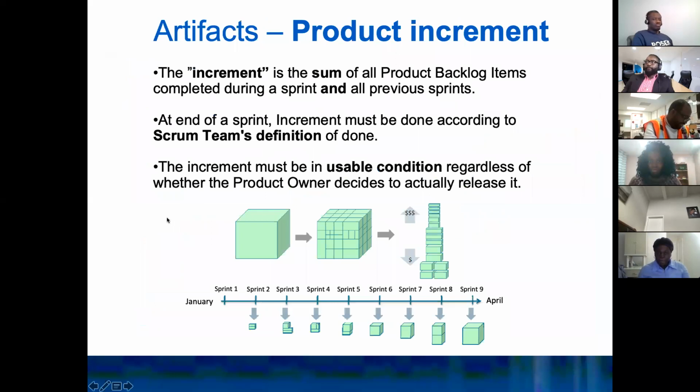All right. So the last Scrum artifact that we have is the increment, the product increment. Okay. So the increment, that's another tricky question. The increment is the sum of all the different product backlog items that have been worked before, plus the product backlog items that are completed for the current sprint.